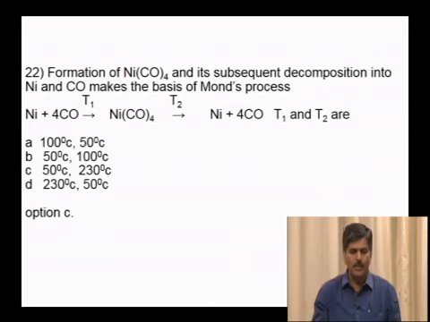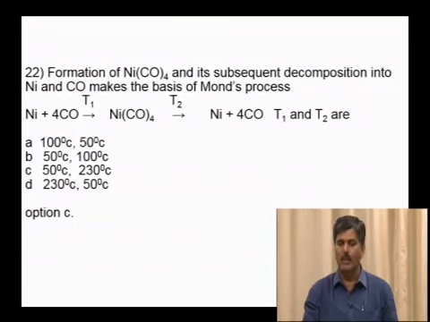So, next one, 22nd question: formation of nickel tetracarbonyl and its subsequent decomposition into nickel and carbon monoxide makes the basis of Mond's process. The reaction is Ni plus 4CO at T1 gives Ni(CO)4, again at temperature T2 gives nickel plus 4CO. T1 and T2 are.